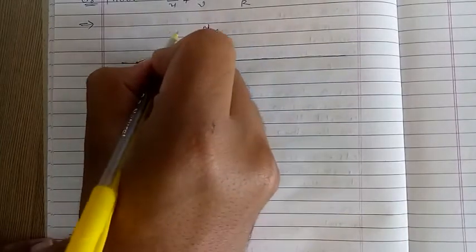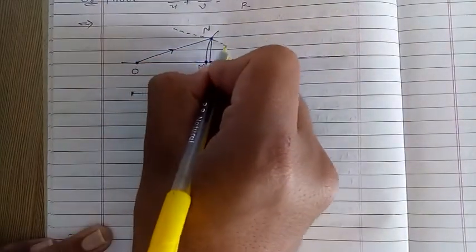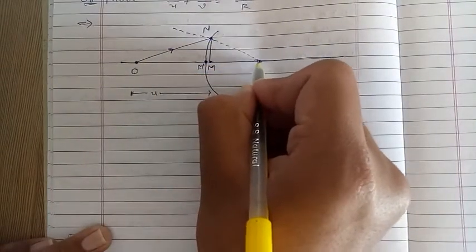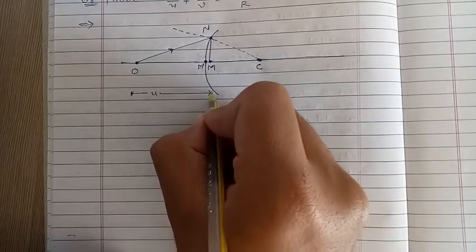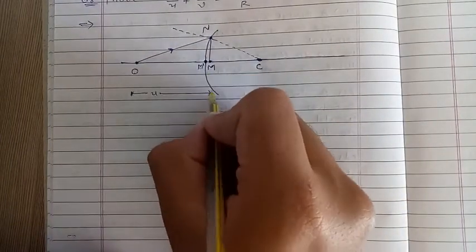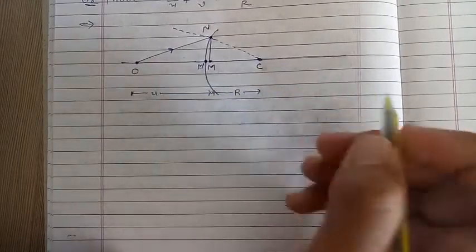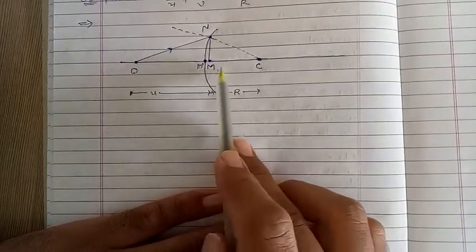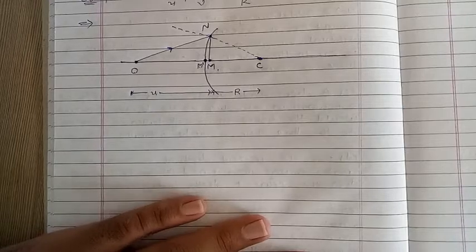So if we draw a normal, then this normal always passes through the center of curvature C. So the distance between M and C is known as radius of curvature, right? So we can say that MC or M dash C is R, right?